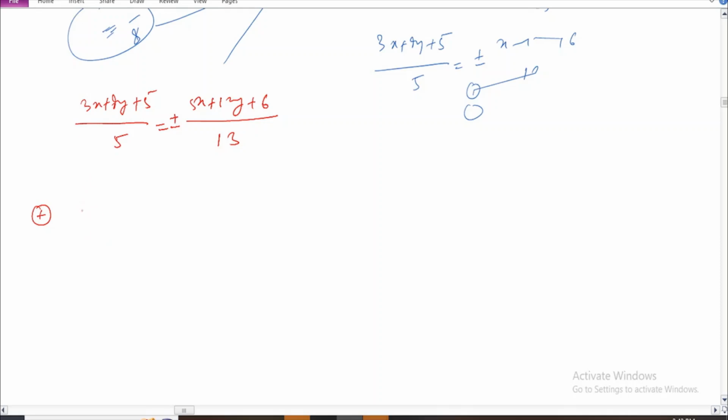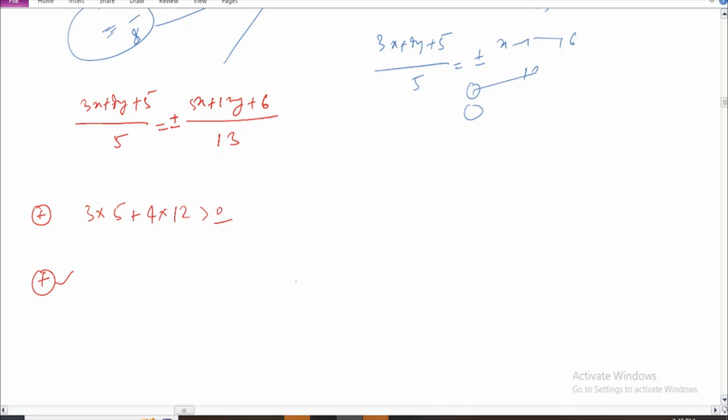A1 means 3, A2 means 5, and plus here 4, B1 and B2, 12. Clearly positive, right? So the positive sign will give us the obtuse angle bisector, right?